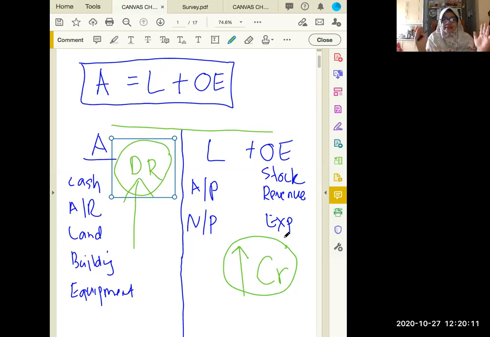If you look here, you can see that all the assets are on the debit side and all the liability and owner's equity are on the credit side. Does it make sense? You get the idea? I'm not going through the textbook and the slides, because you can actually read the slides. I just want to summarize.